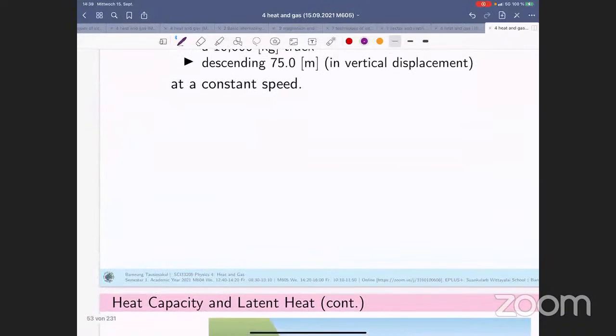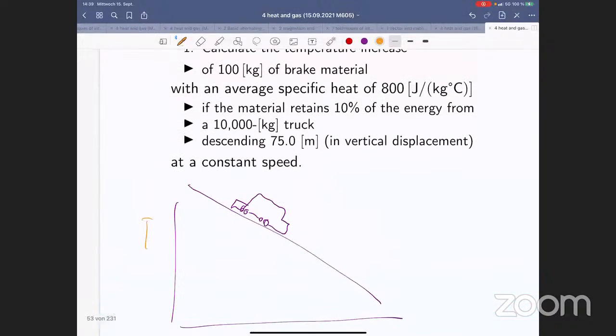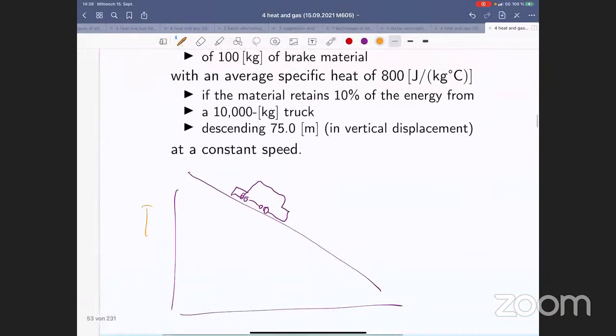Let's draw everything. This is the downhill, and this is the truck. We try to reduce speed at 75 meter.